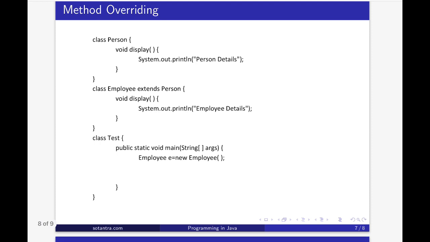This display method prints employee details, and this display method inside the class person prints person details. Now we have another class test, and in it we are writing the main method. Then we are creating one object e of class employee.